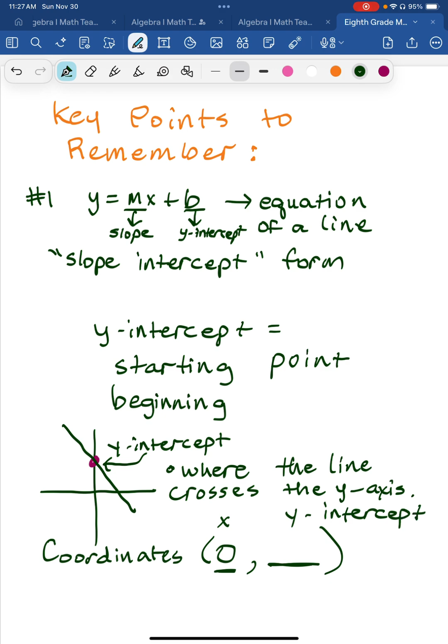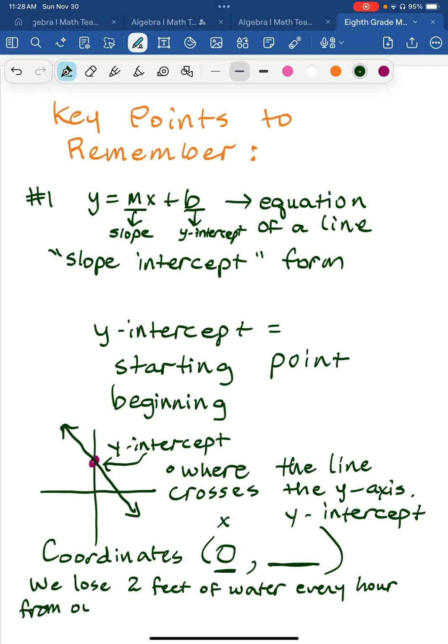So if it's going down, like this line I just wrote right here, we might say we lose 2 feet of water every hour from our swimming pool.